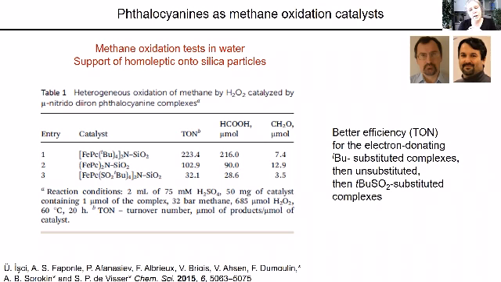And then the one with the SO2 tert-butyl substitution was the least good one. So this was really giving new insight on how we can optimize again the design of silica particle supported oxidation catalysts.